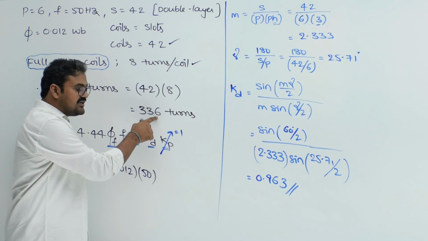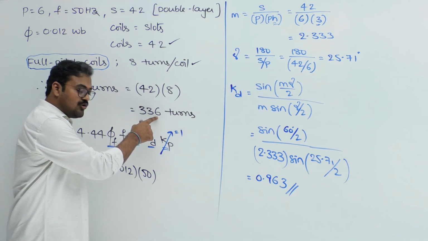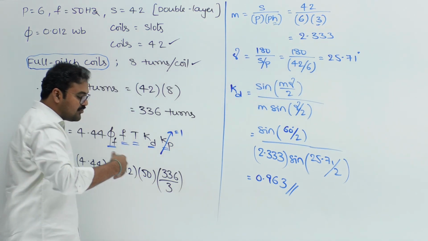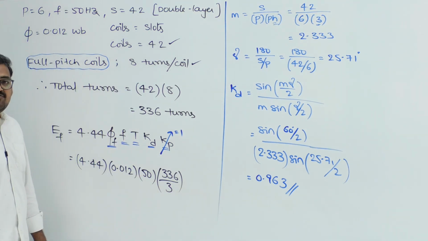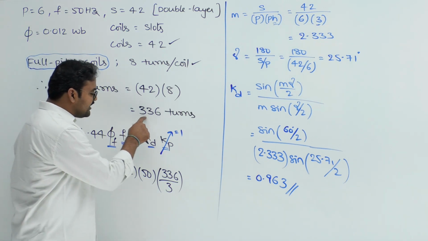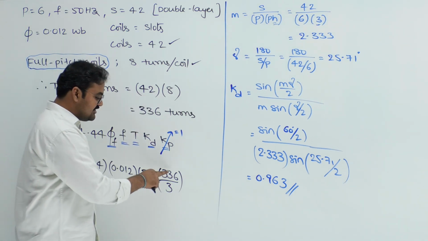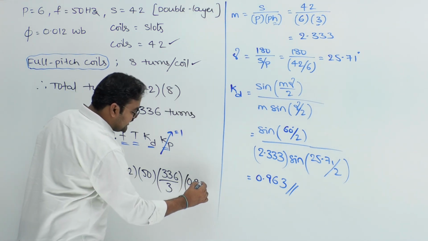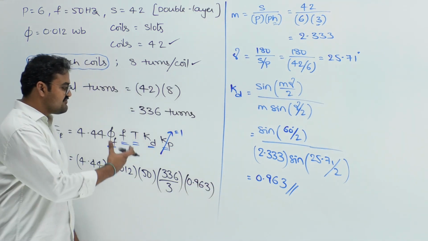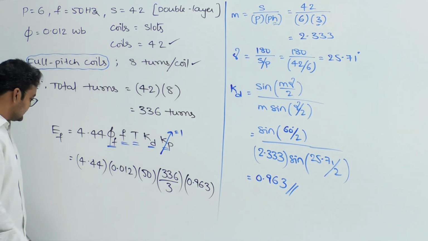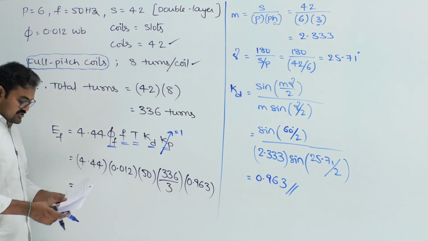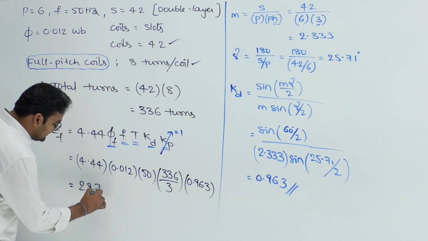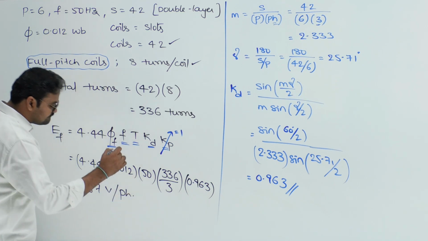Total 336 turns are there, so per phase it is 336 by 3, because I am talking about a 3-phase machine. If it is a 2-phase winding, you have to divide 336 by 2. Distribution factor is 0.963, and pitch factor is 1 because of full pitch coils. Now if you complete the calculation, the voltage per phase will be 287 volt per phase.